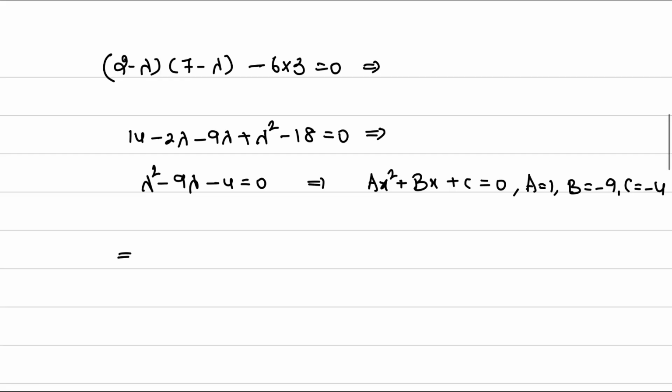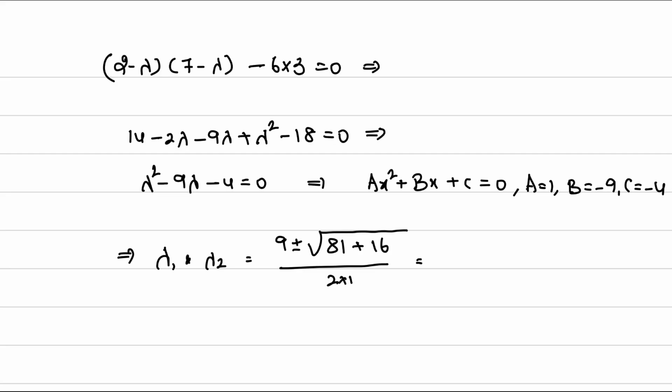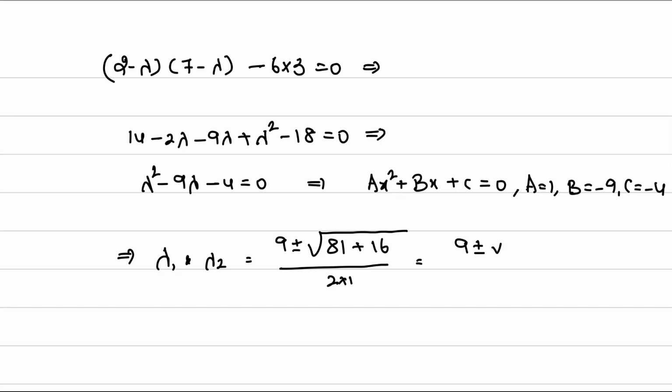That implies lambda 1 and lambda 2 are given by minus b, that is 9, plus or minus square root of b square, that is 81, minus 4ac, minus 4 into 1 into minus 4, that is 16, whole divided by 2a, 2 into 1, that is equal to 9 plus or minus square root of 97 by 2.